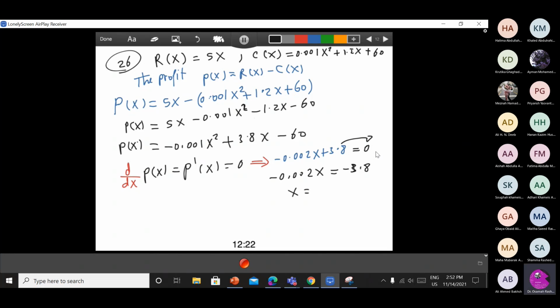So x will be minus 3.8 divided by minus 0.002. So that gives you what?